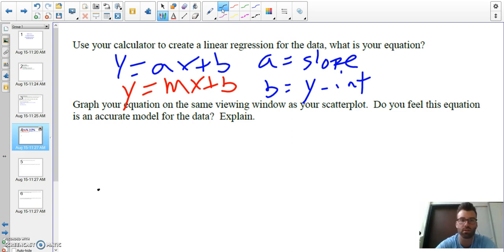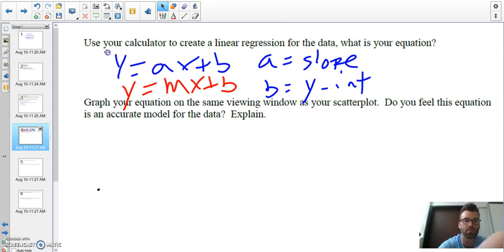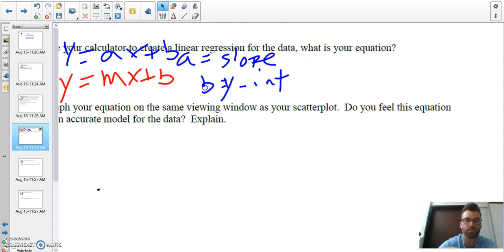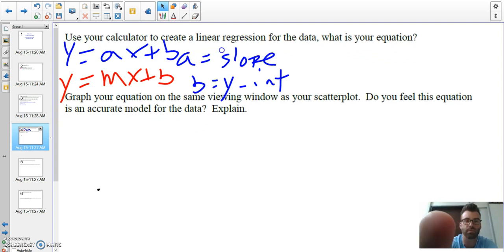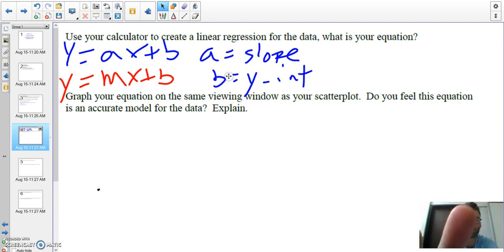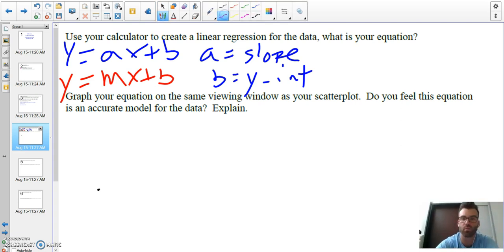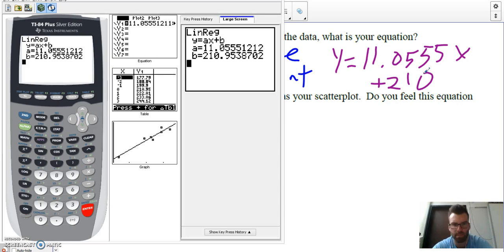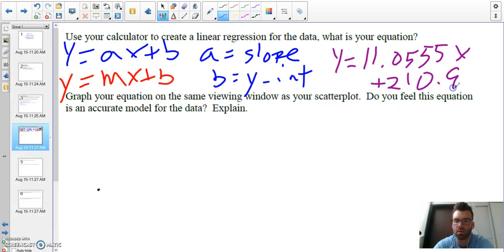So I'd write, let's see. Okay. So y equals 11.055x plus, what was it, 210.9538.